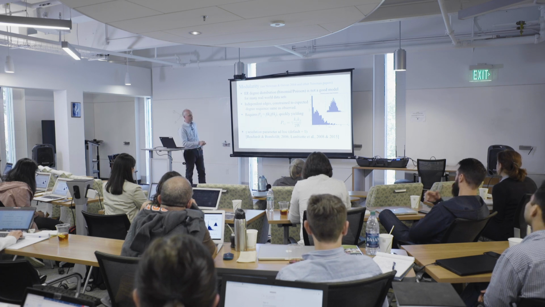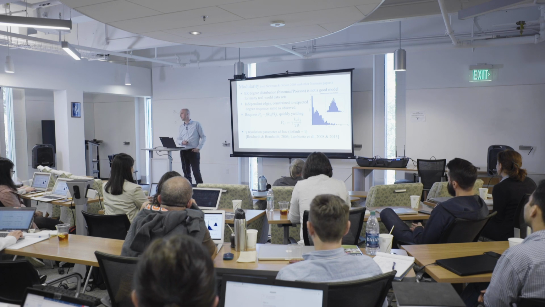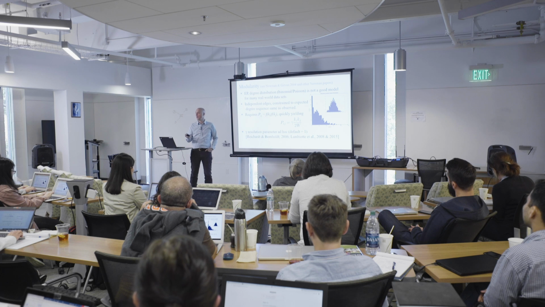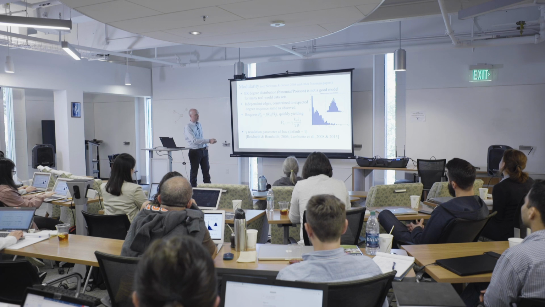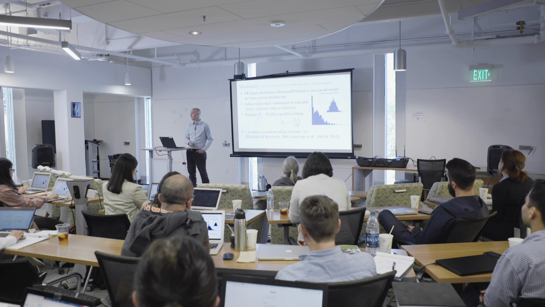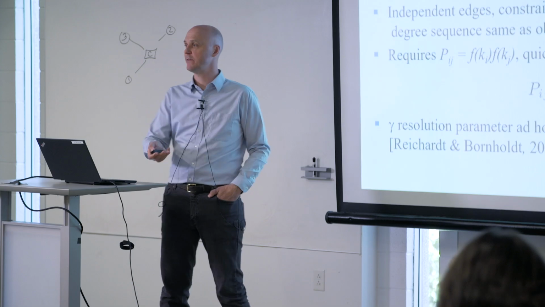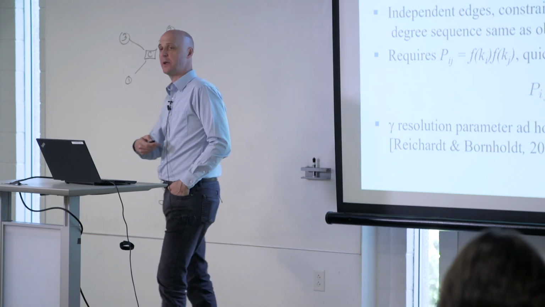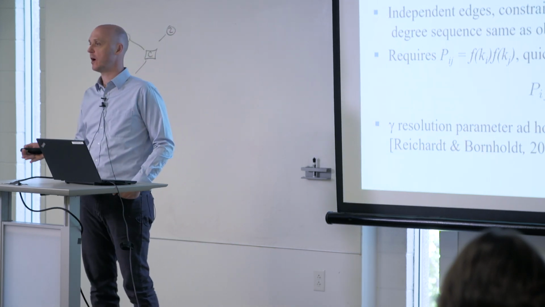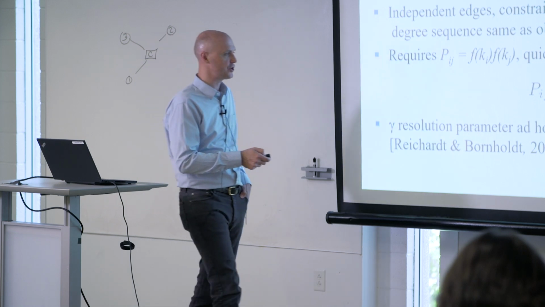So Ki and Kj are the degrees of nodes I and J. W, again, is the total weight of all the edges in the system. And so your expected weight of a connection between I and J is simply this product divided by twice the total weight of the system. This is assuming you have an undirected network. It's assuming I'm not including any other structure other than this heterogeneous degree distribution.